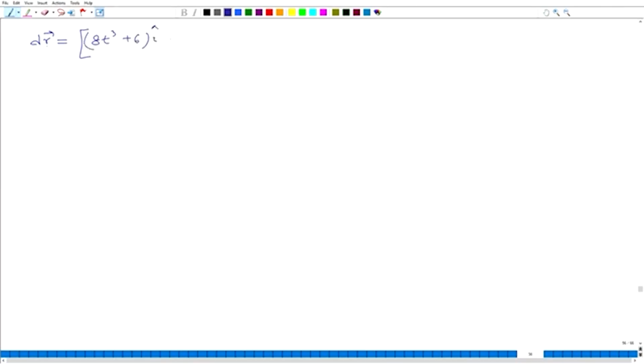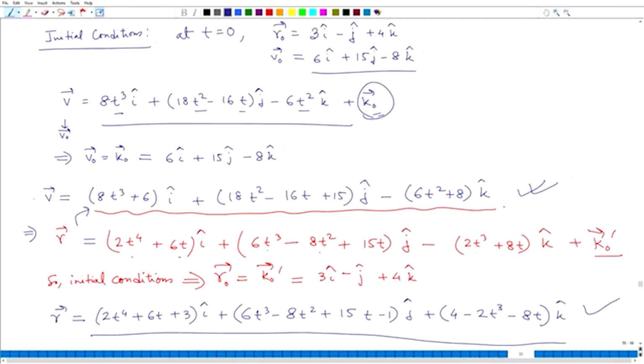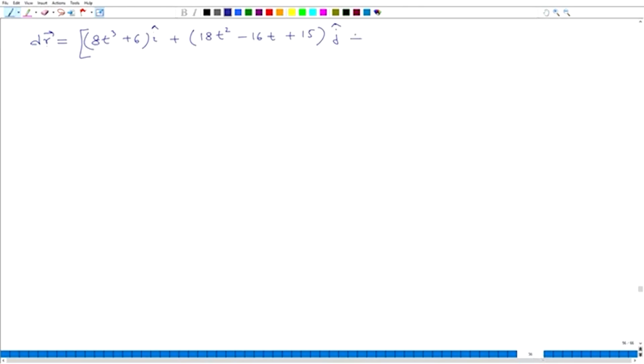I request all of you to do that independently and cross check. 18t square minus 16t plus 15 j cap. Let me just check one thing. Yes, yeah, plus, oh, maybe this is a minus sign over here, yeah.